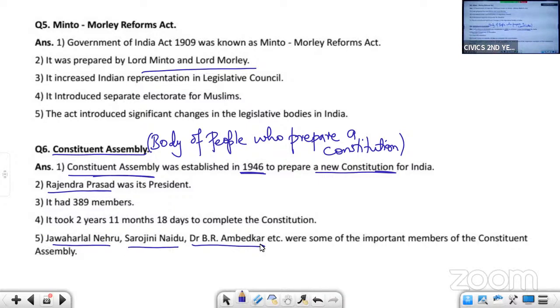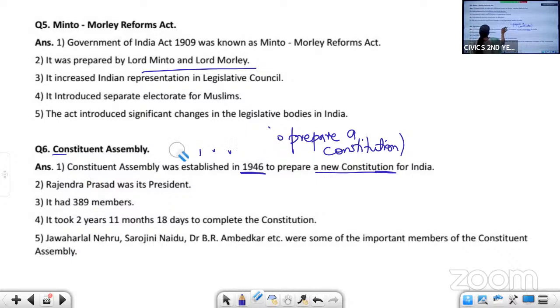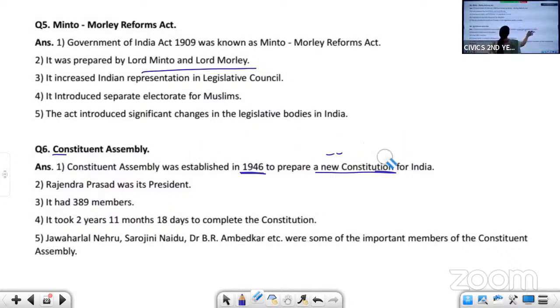The Constituent Assembly took 2 years, 11 months and 18 days to complete the Constitution. So this is your 2-mark answer for Constituent Assembly.